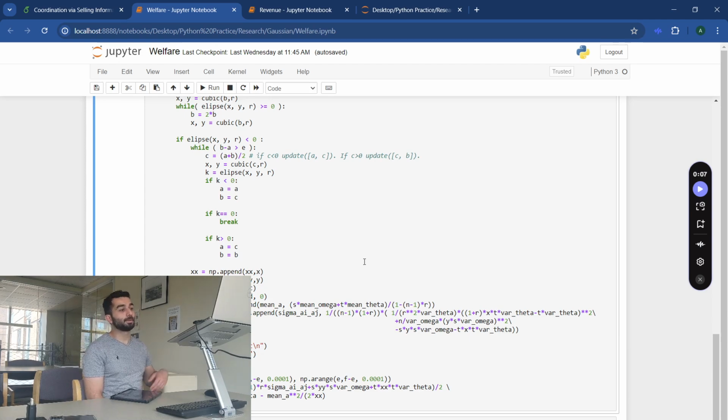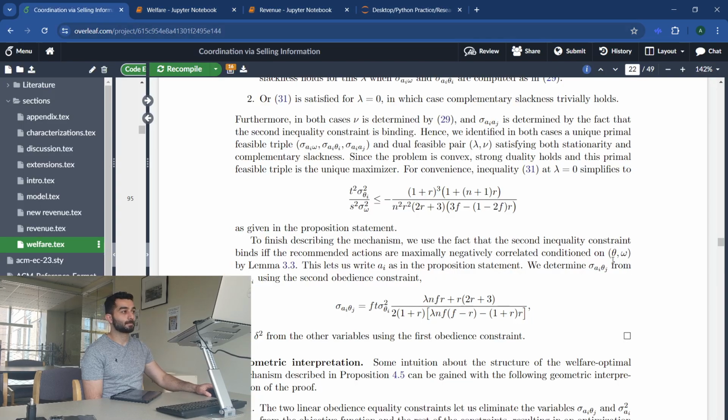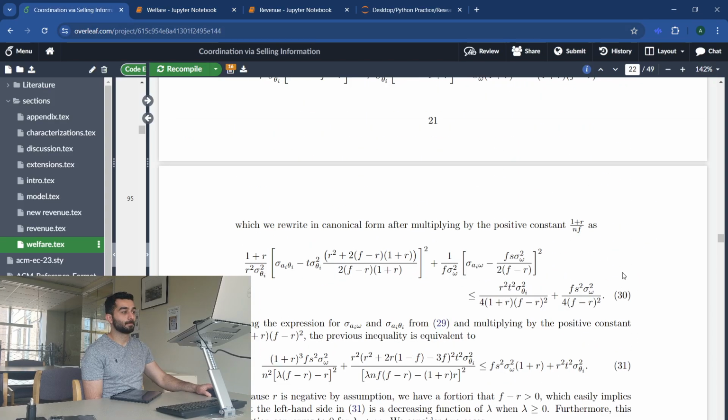So let's see what payment should be. Max payment slash revenue optimal welfare mechanism.